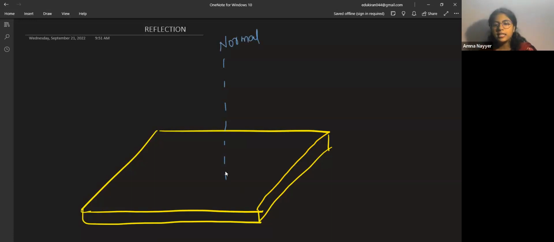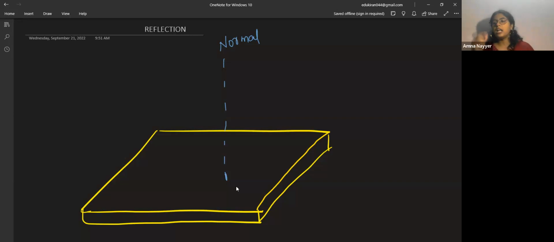Normal means this is an imaginary line which is kept perpendicular to the plane. If the term normal is given, the angle should be 90 degrees. Normal means only 90 degrees. So this is made 90 degrees to the plane.